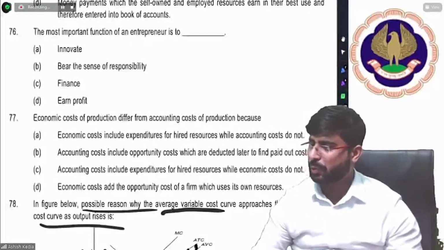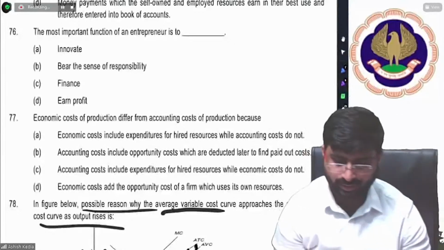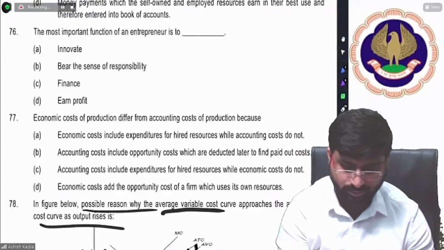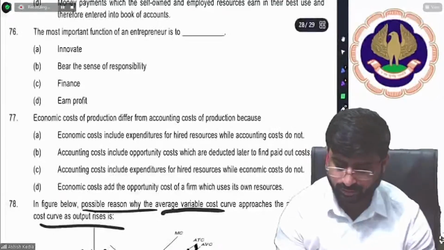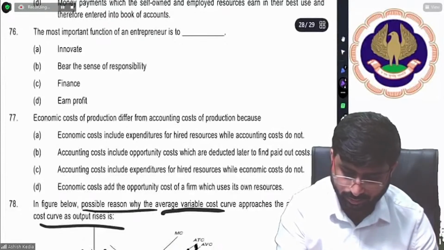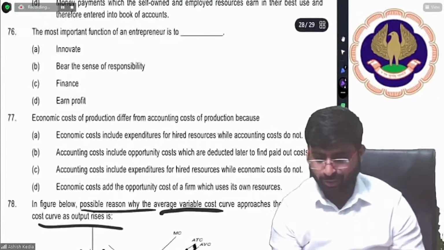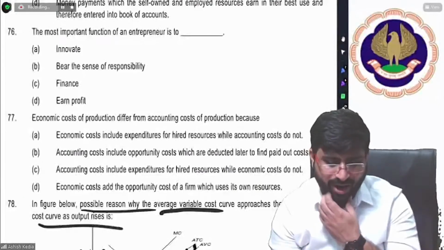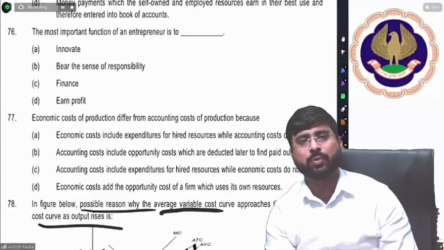What do you think is the probable reason, friends? I will help you out here. Economic cost of production differs from accounting cost.